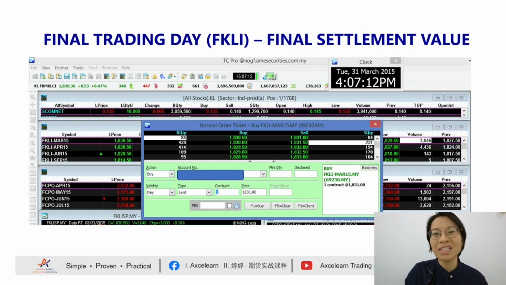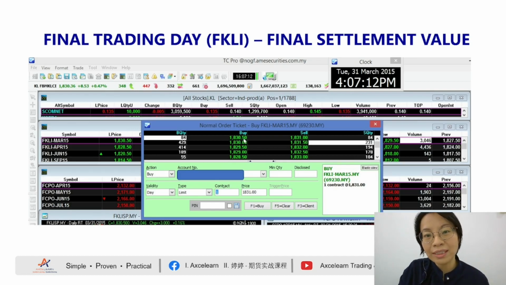But this is not something that is easy for retail to trade, especially if you cannot automate it. And some of the brokers, even if you are trading and making half a point of profit, you can still make money because many of the brokers don't charge you commission. They only charge you the clearing fees, which is 1 ringgit Malaysia.